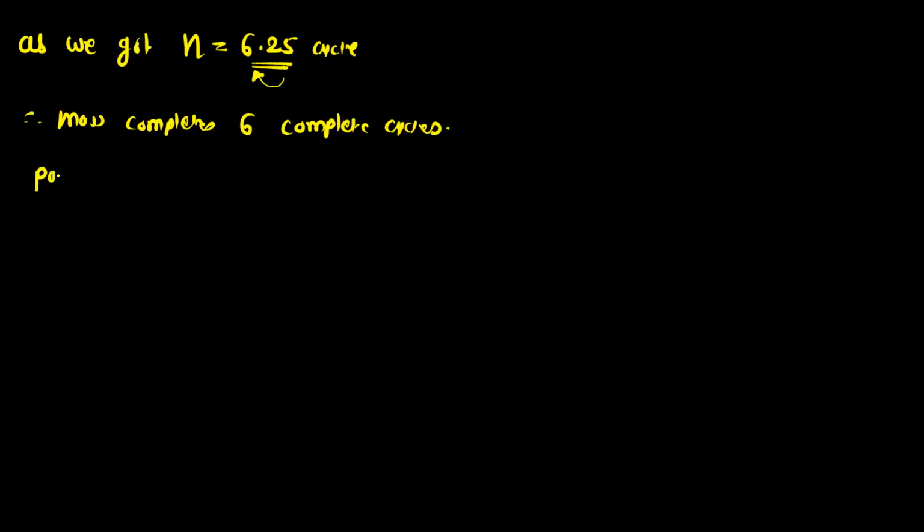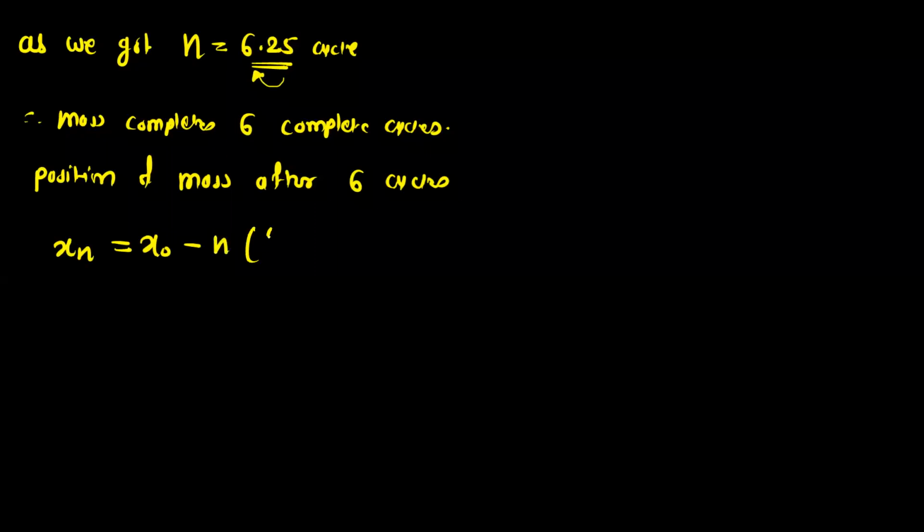So the position of the mass after 6 cycles, we can find out by the same equation: Xn is equal to x0 minus n into 4f upon k. In some of the books, this value 4f upon k is taken as delta. So in that book, you can find this equation: Xn is equal to x0 minus n into delta. It is the same equation.